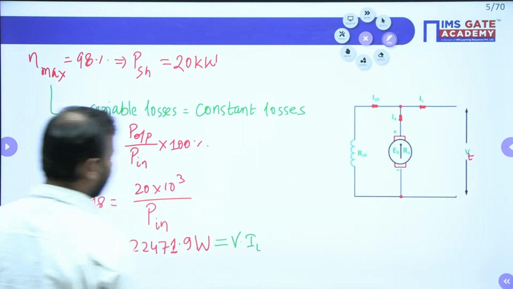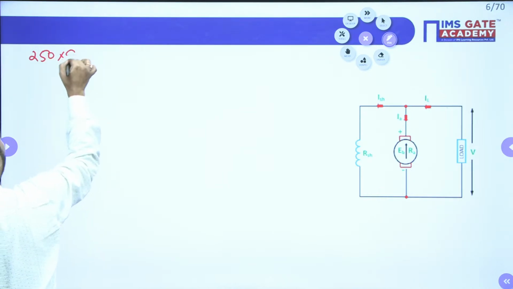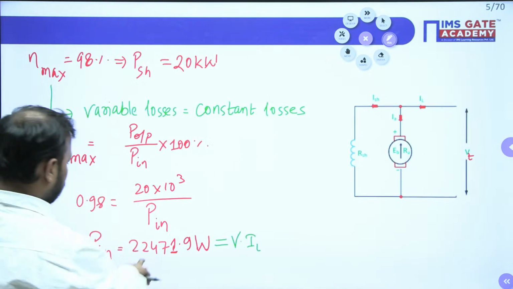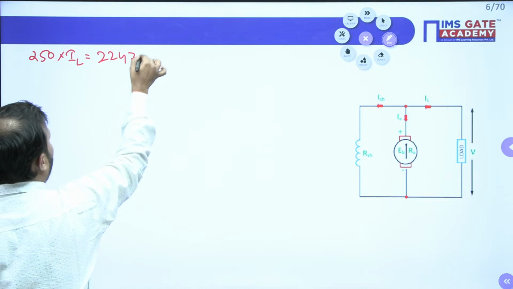So from here I can get VT into IL, or you can say directly 250 into IL. This is equal to 22471.9.